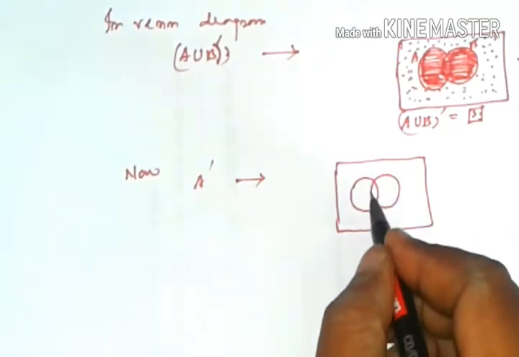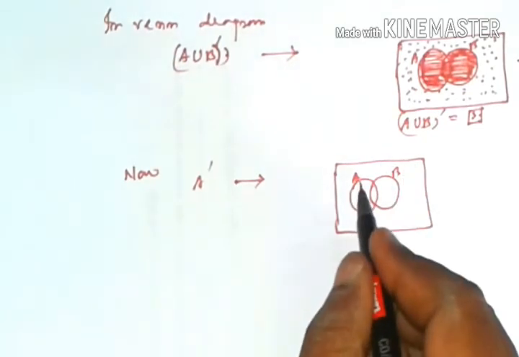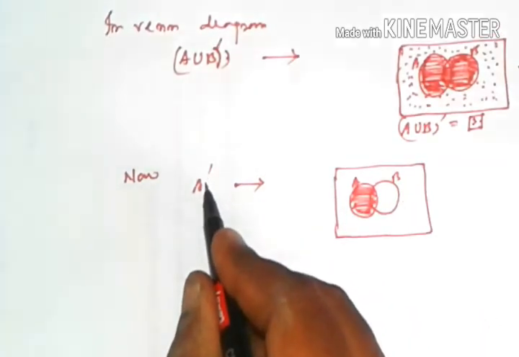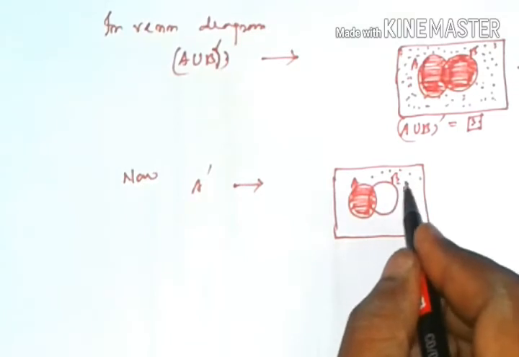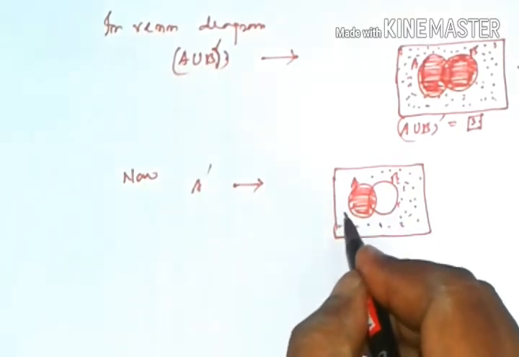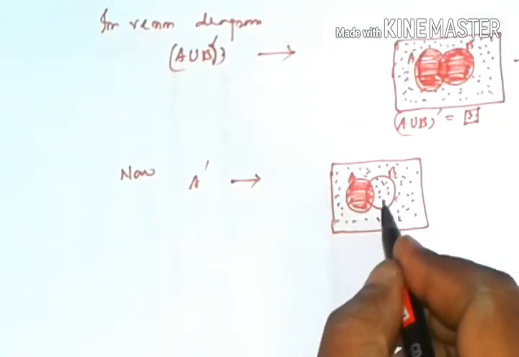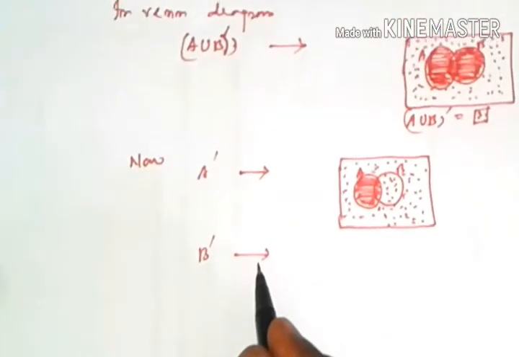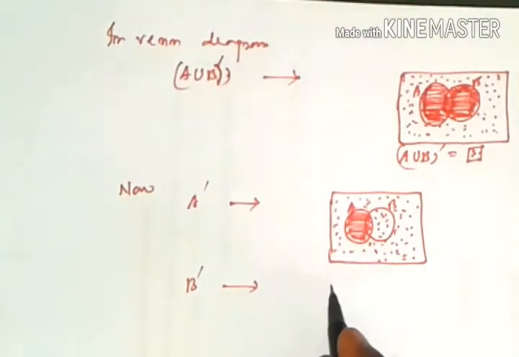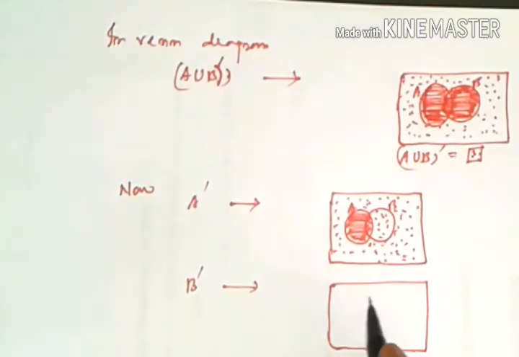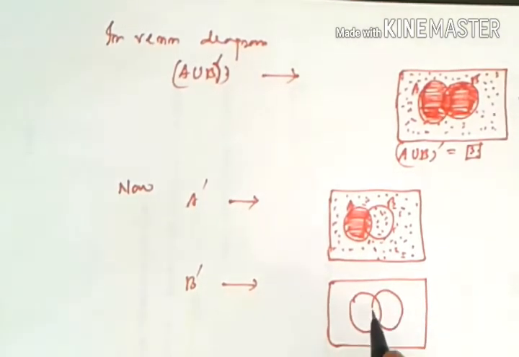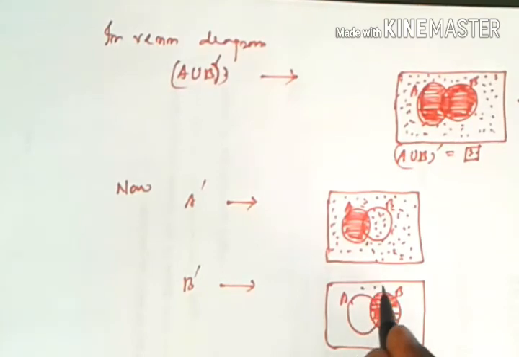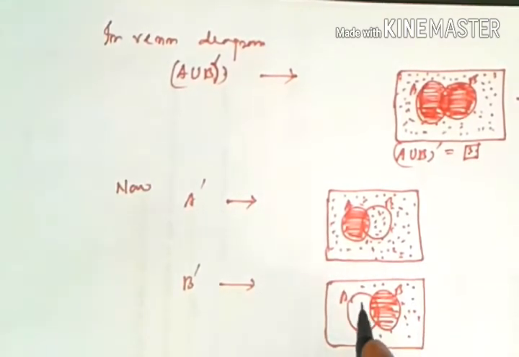This is A, this is B. A means this portion is A, and A dash means the dotted portion, except A. B dash means, this is A, this is B. Therefore B dash is except B. Except B, whatever remains is also B dash.